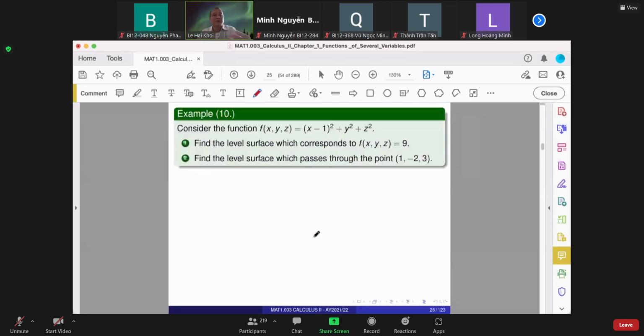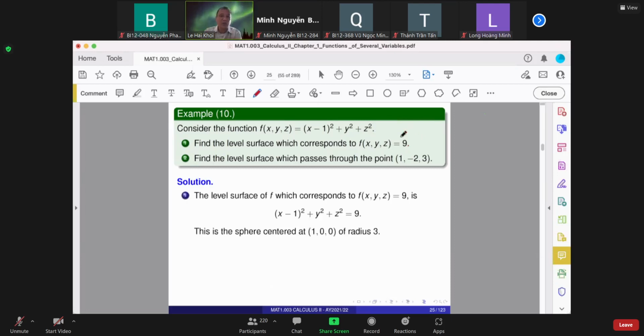Similarly, you may be asked to find, for the function (x minus 1) squared plus y squared plus z squared, the level surface corresponding to a given K. Of course, you solve it. You get the center (1, 0, 0), a sphere, radius square root of 9, which is 3.